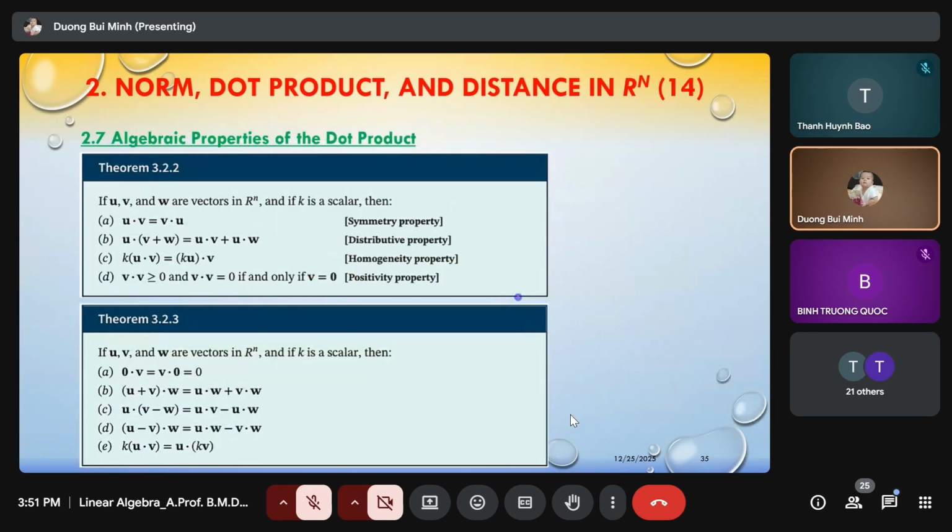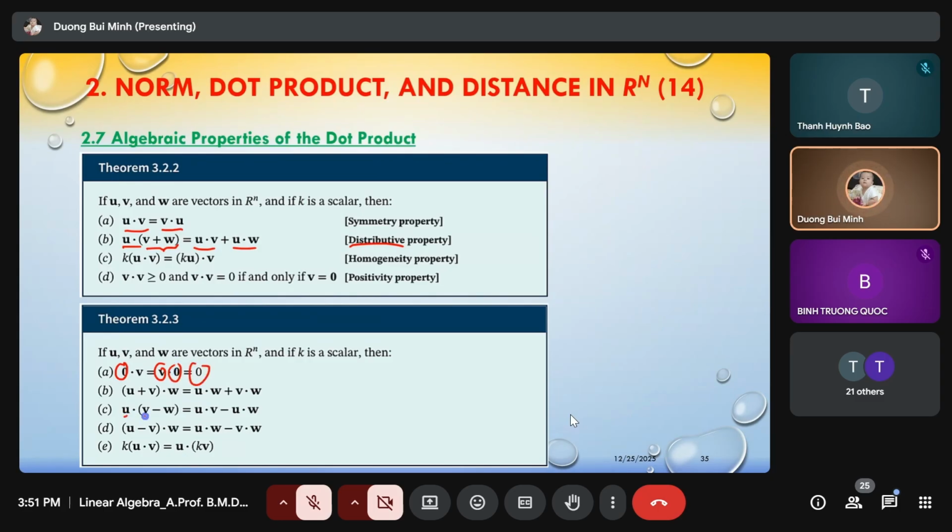Then we have some properties of the dot product. U dot V is V dot U. U dot (V plus W) is U dot V plus U dot W. The triple law. Vector 0 dot vector V is equal to vector V dot vector 0, equal to 0.